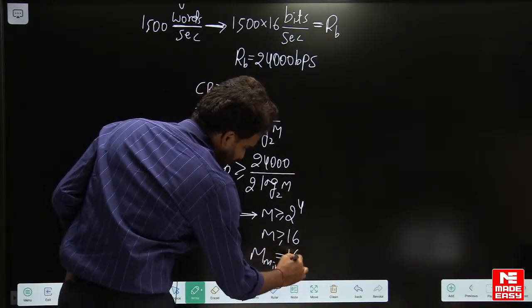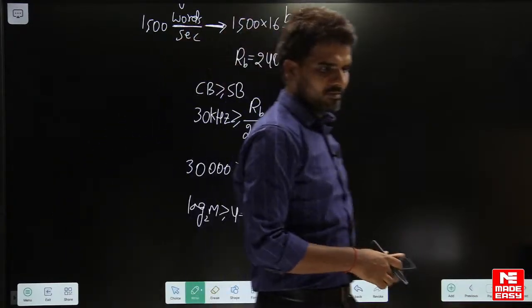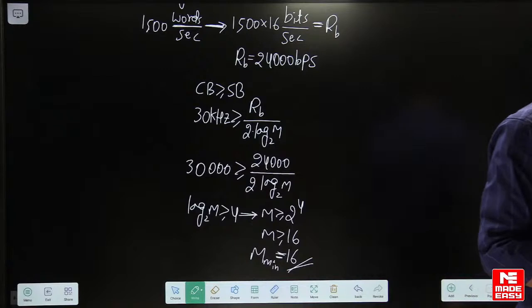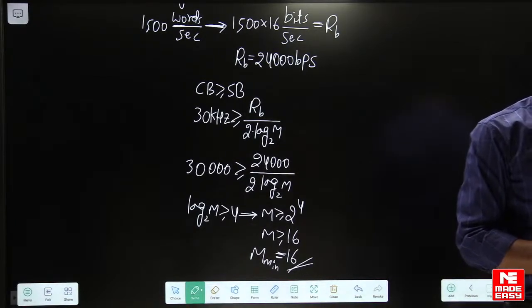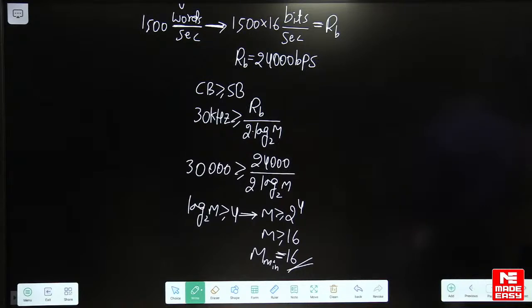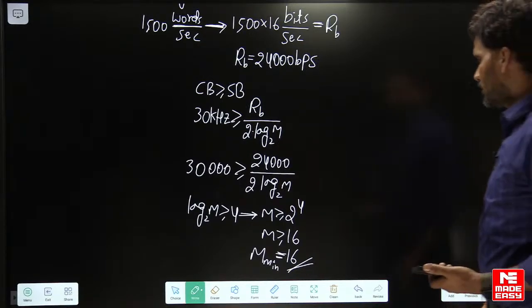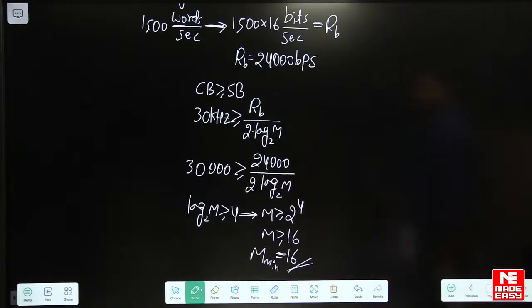So M minimum equals 16. So everyone is giving the answer as 4, but that is 16. The M value you have to find out will be 16.